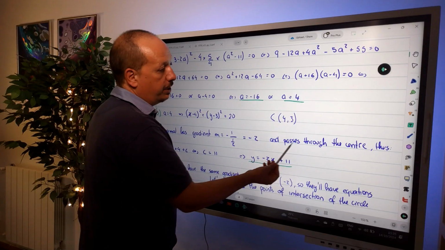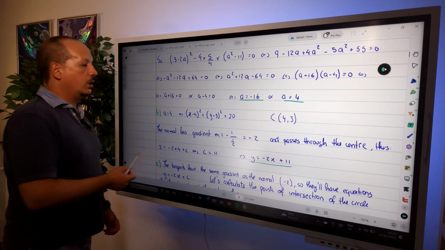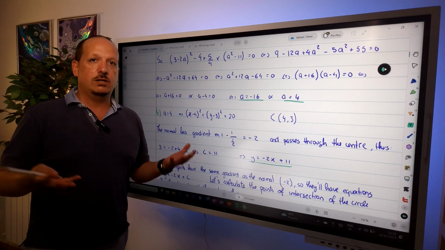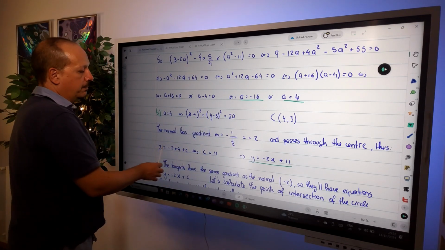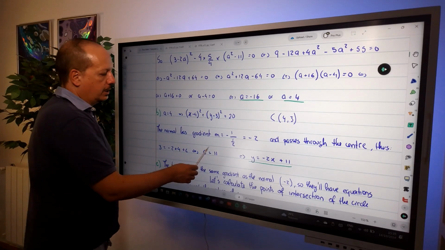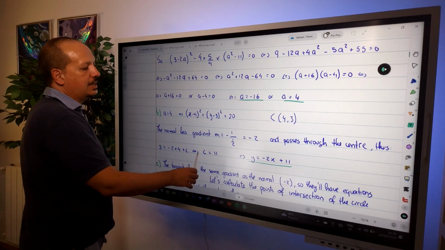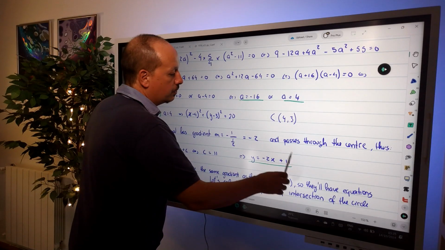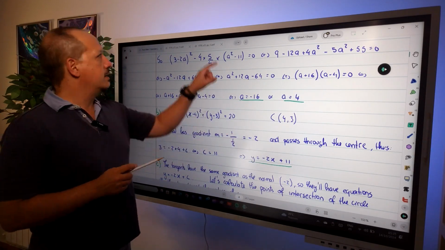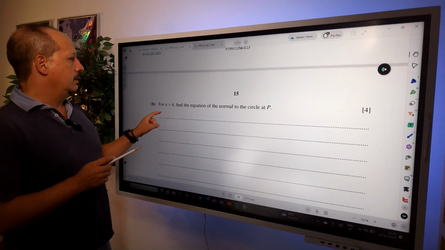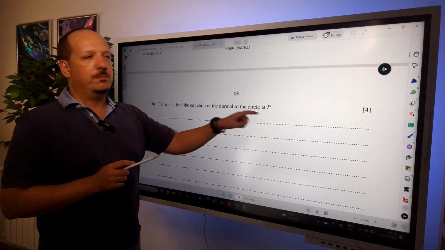And if it is radial, you know the coordinates of one of the points of the line, which is the center, 4, 3. So once you know that, you can plug it into the equation of a straight line to get the value of the y-intercept, which is 11. So here you have the equation that you were being asked for, the equation of the line of the normal to the circle at P.